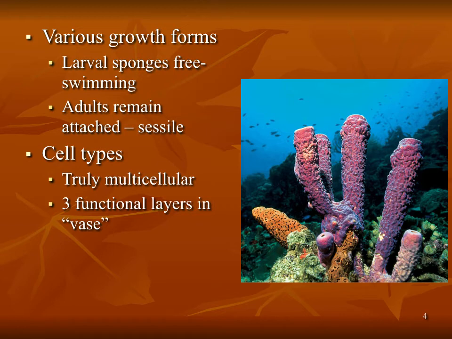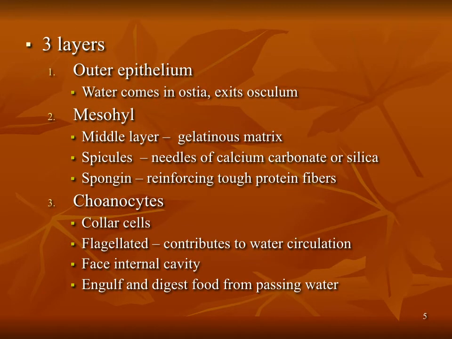They have several cell types, and they form functional layers to draw water in through an osculum, kind of a mouth-like structure, and then force that water through ciliated chambers that trap the particles. Okay, they'll basically have three layers: an outer layer, and then that outer layer goes into that central cavity.